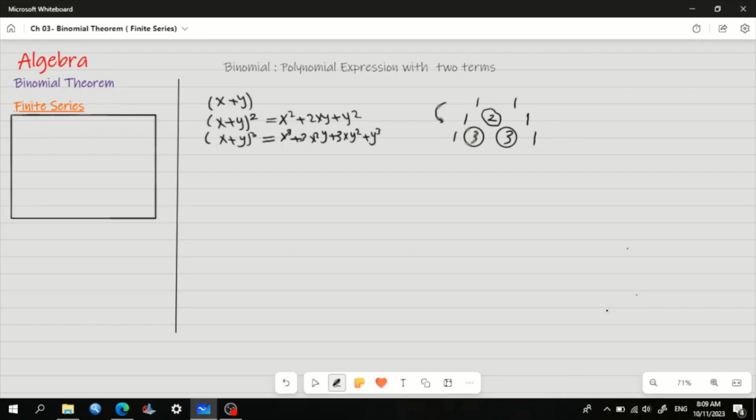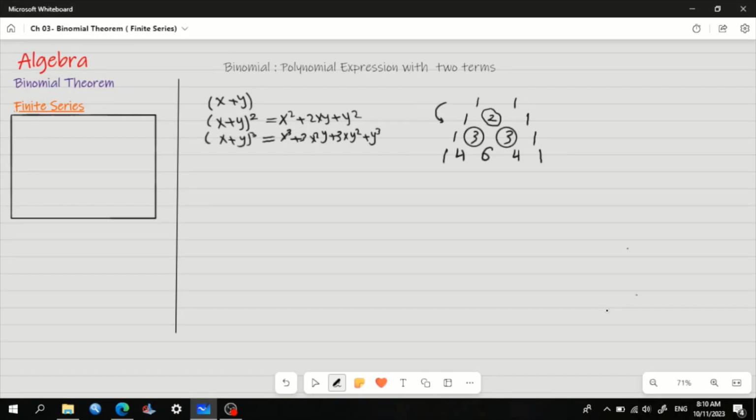Okay, let me continue. If we write here 1, here we write 4, the sum of 1 plus 3. Here let me write 6, the sum of 3 plus 3. Here 4, the sum of 3 plus 1, and here is 1.